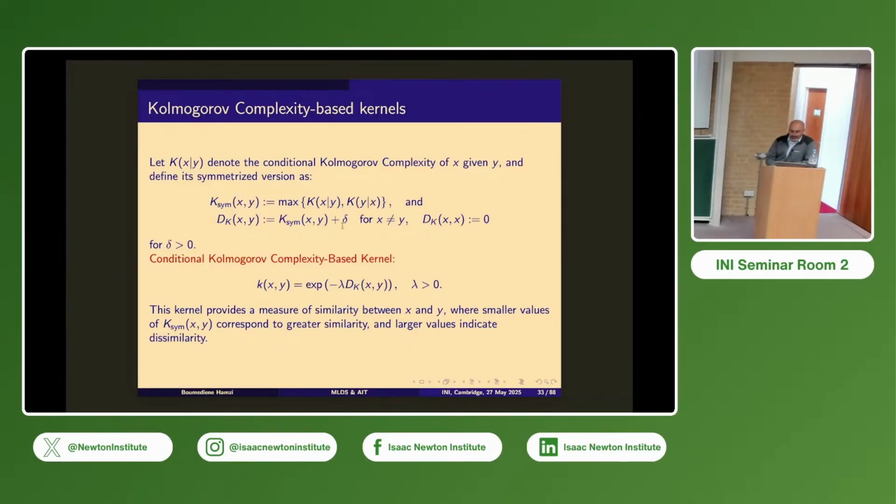We add a delta, a sort of regularizer, to make this a metric in some cases, and then we define the reproducing kernel as the exponential of minus lambda d_K(x,y). This kernel provides a measure of similarity between x and y, where smaller values of K_sim correspond to greater similarity and larger values indicate dissimilarity. So that's one reproducing kernel based on conditional Kolmogorov complexity.